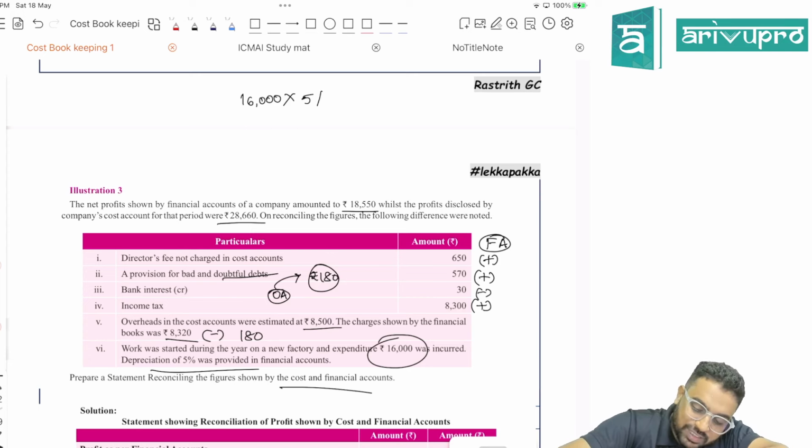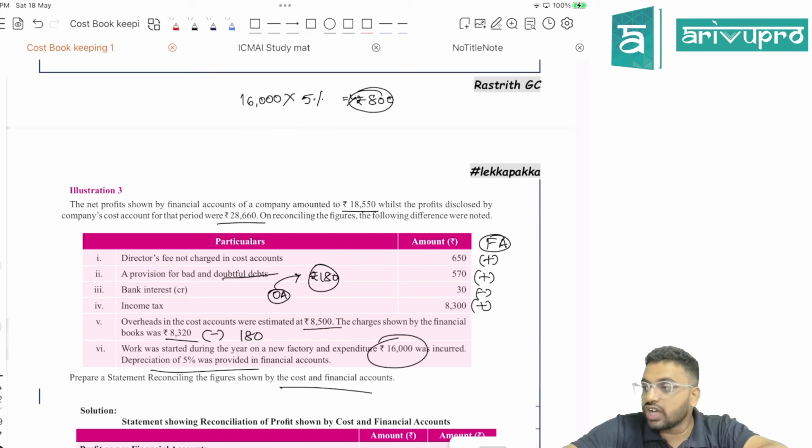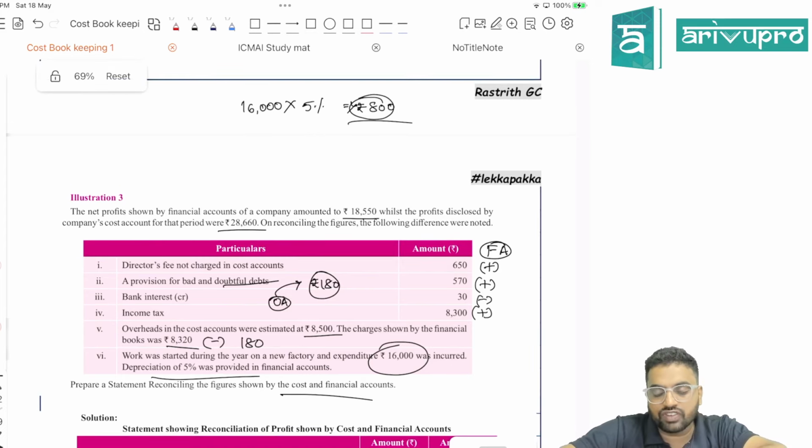On that, 5% depreciation is provided in the books of accounts. How much will it come? 5% of 16,000 is 800. So around rupees 800 is shown only in the books of accounts, sir, as an expense.